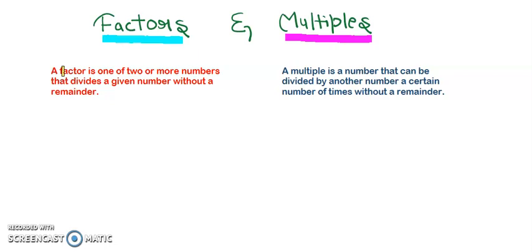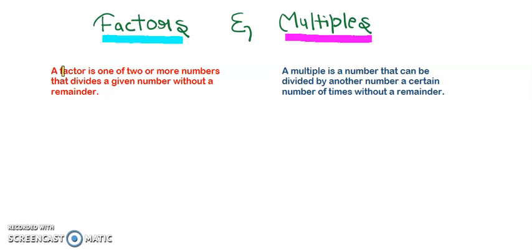As such, it is only for the junior classes. So let me explain the meaning of the factor and the multiple, and we are going to find out the main difference between a factor and a multiple, and we will also go through some very good examples. First of all, let me define what a factor is.